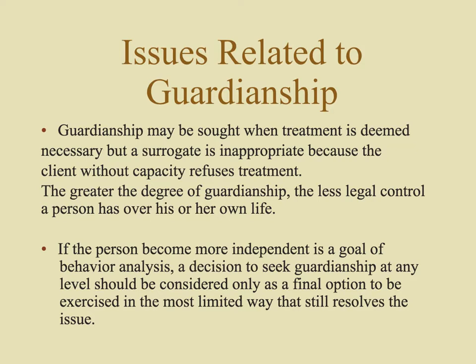And if your goal for an individual client is that they become more independent, or the idea is that they will eventually live and work independently, then seeking guardianship should only be done as a final option, just because of the limitations it invokes on future opportunities.